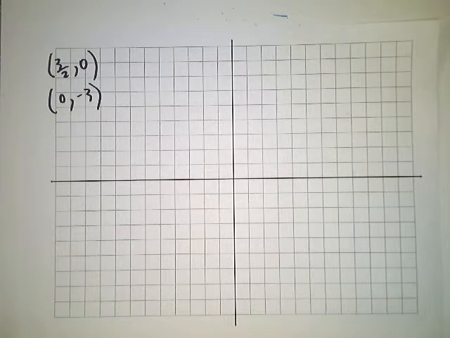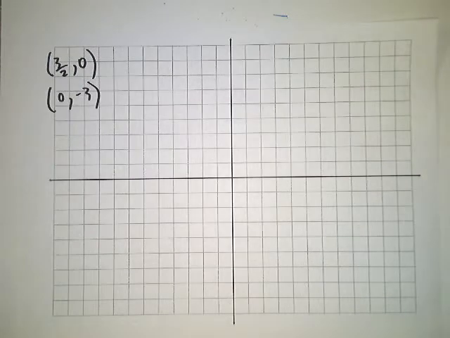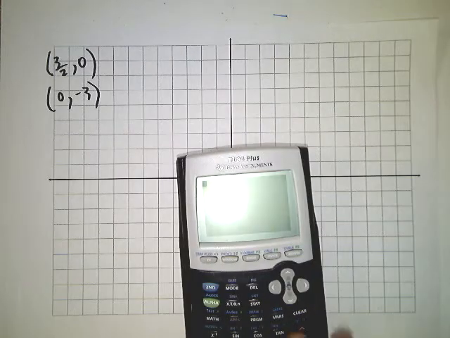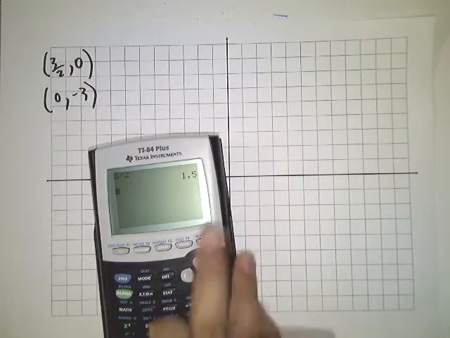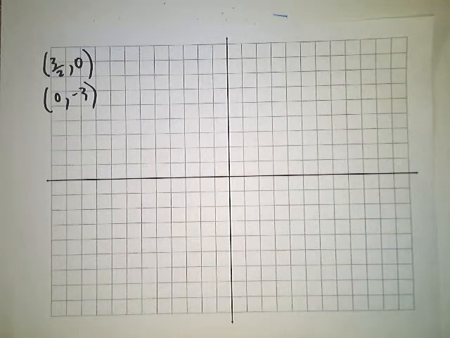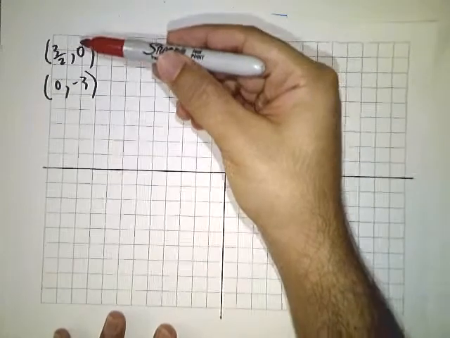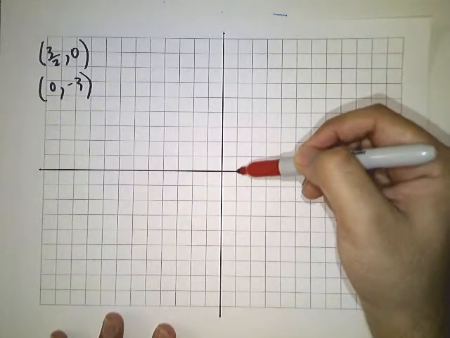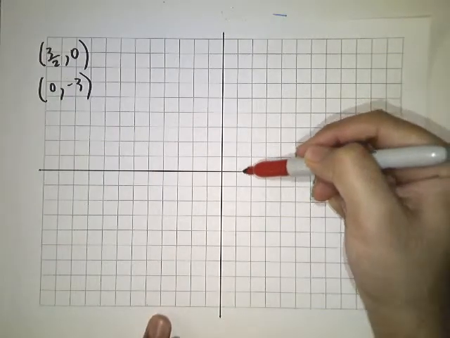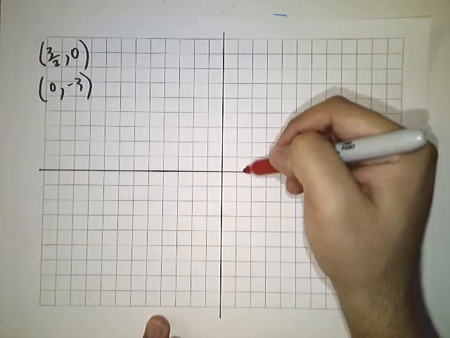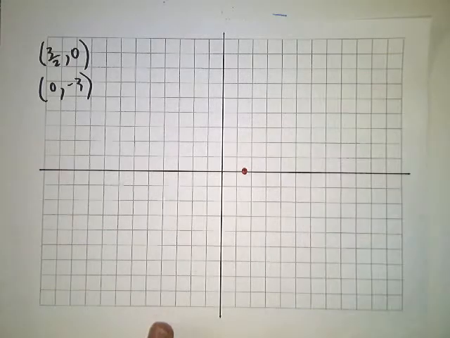Let's start graphing them. First things first, 3 halves is the same thing as 1 1/2, or 1.5. If you want, you can take your calculator and check that for yourself. So, for this first point, we're going to travel 1.5 in the x direction, and then 0 in the y direction. So it's just between 1 and 2, right there.